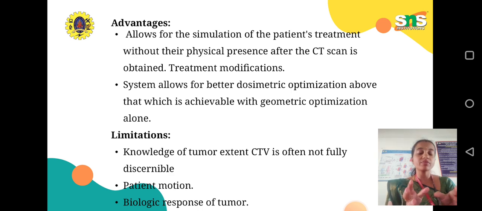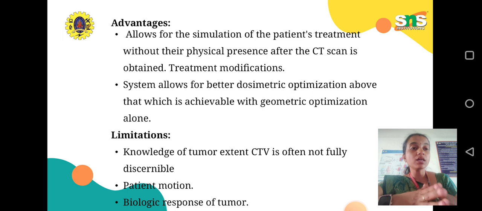If the patients have some disturbances or movements, we will not be able to identify the tumors clearly. Biologic response of tumors: once the patient has any disturbance or discomfort, the response of the tumors cannot be identified clearly.